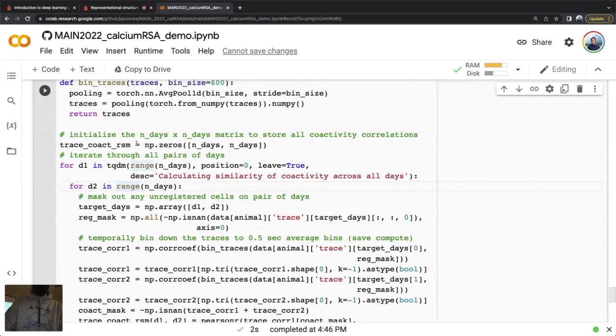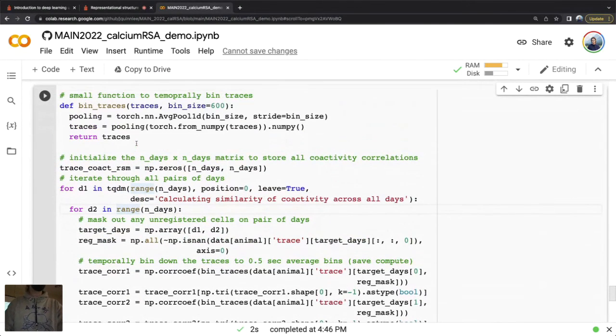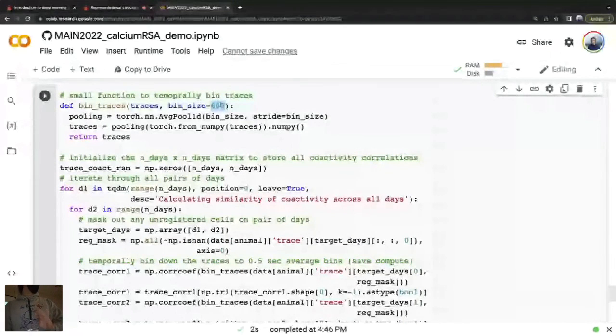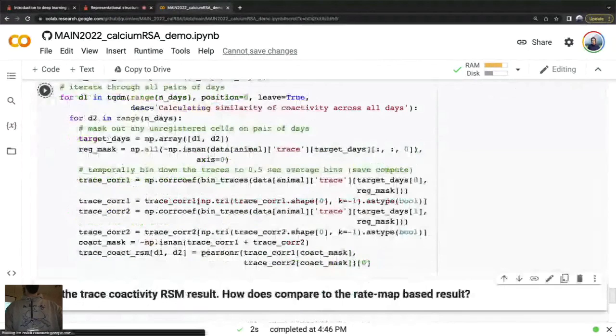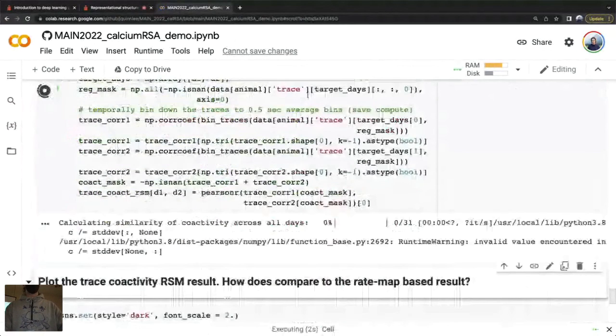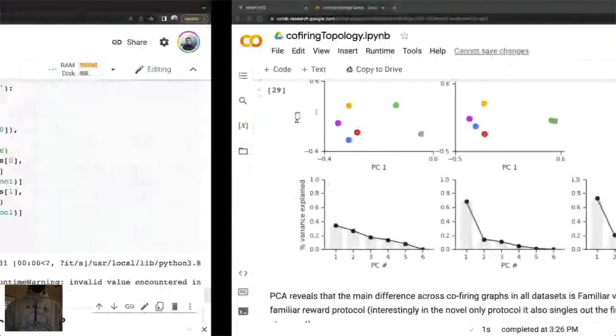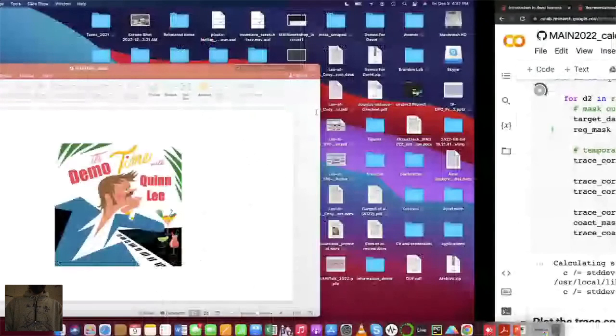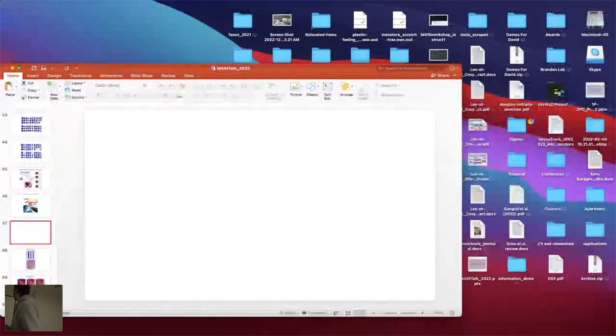You could also play with the bin size. So this is a temporal bin size. I promise you that the representational structure you'll recover is very related across different bin sizes. But I'm just going to do it at a very large temporal bin to save some time. In the meantime, let's get back to the presentation for a little.